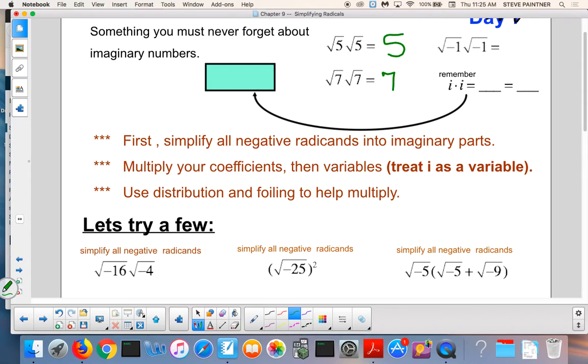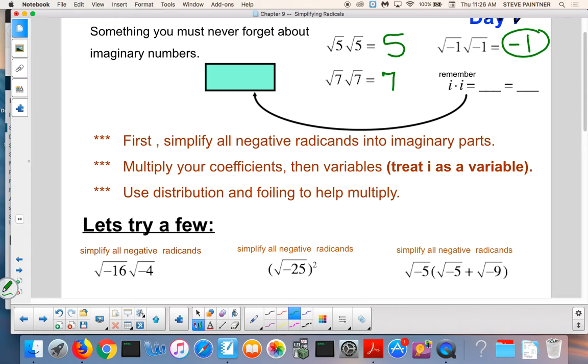What's the square root of negative 1 times square root of negative 1? Following the pattern, it's negative 1.